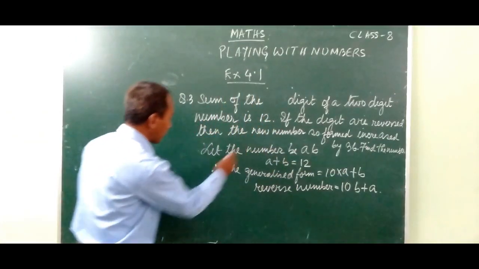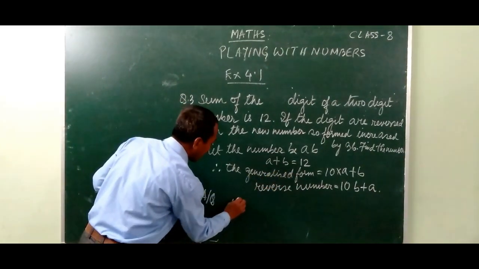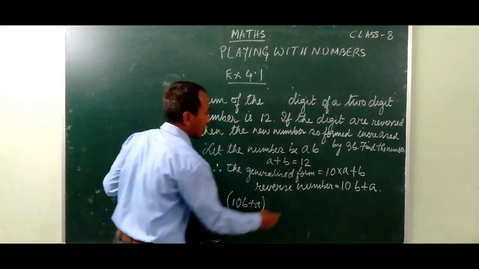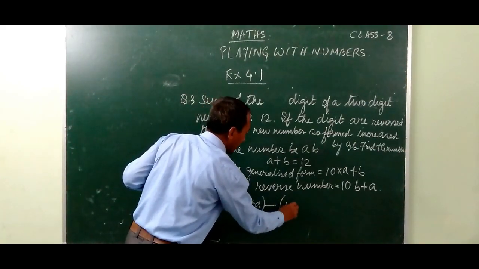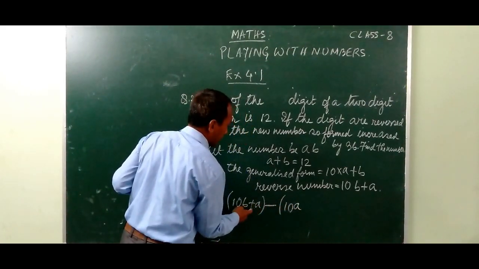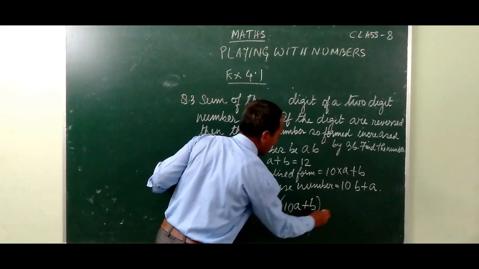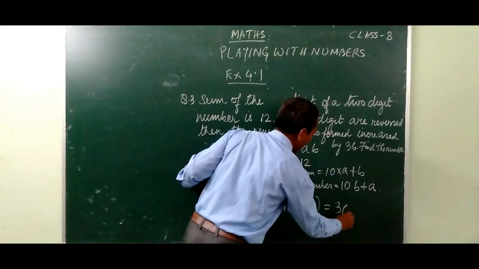36. According to the question, the new number 10b plus a is greater than the previous number. Greater means this one is greater, so we subtract the smaller one. By how much is it greater? It is greater by 36.